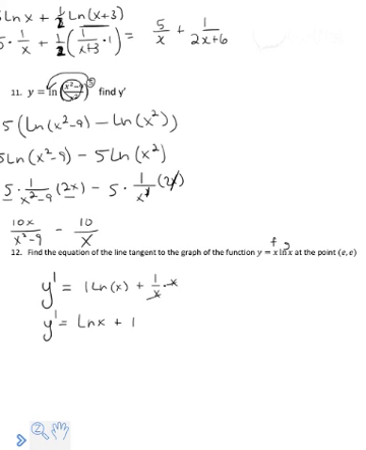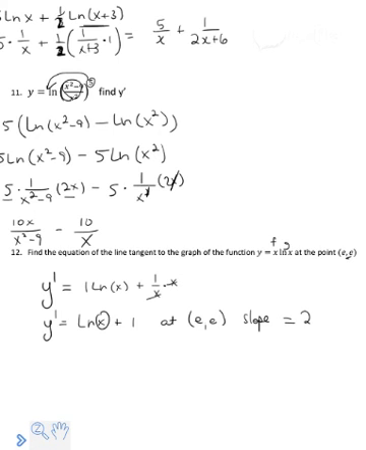To find the slope of the tangent line at the point, we've got to plug in the x value, which is e. So at e comma e, the slope: plug in an e right here, the natural log of e is 1. 1 plus 1 is 2. So the slope is 2.